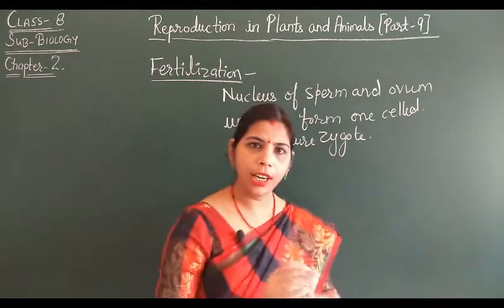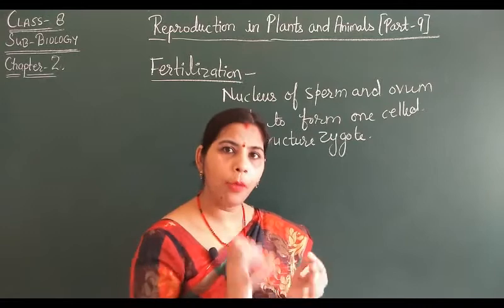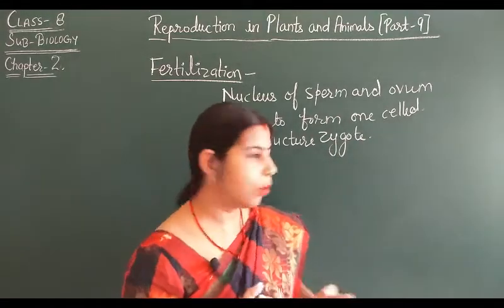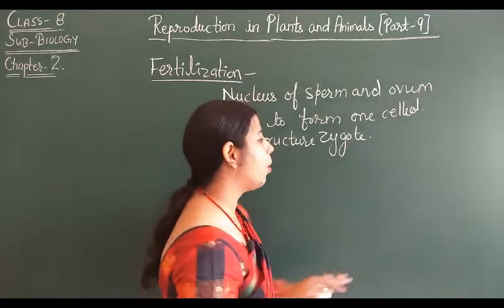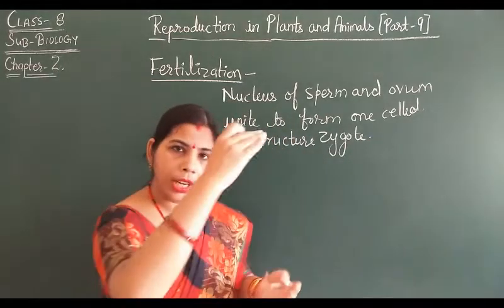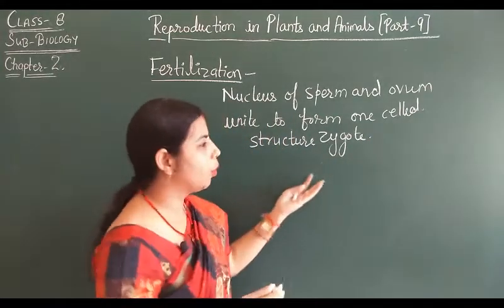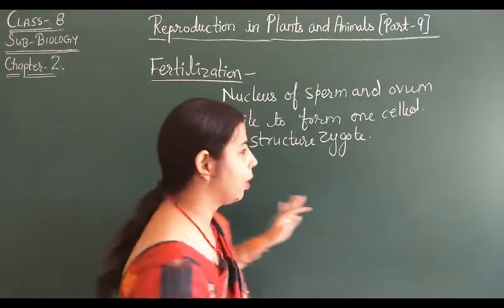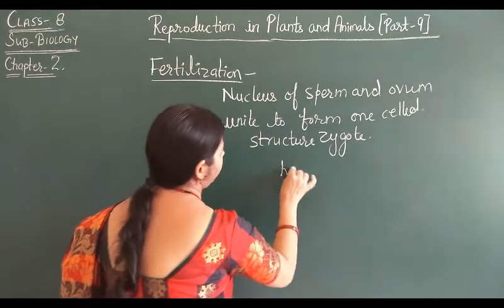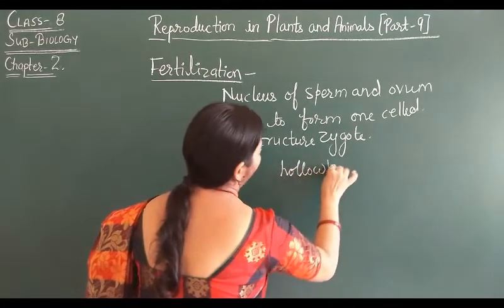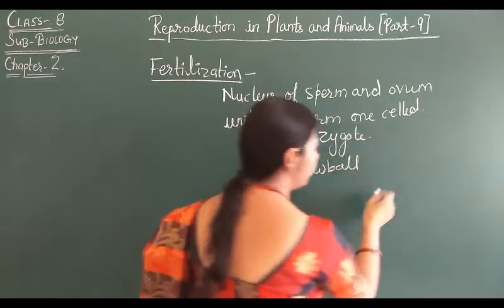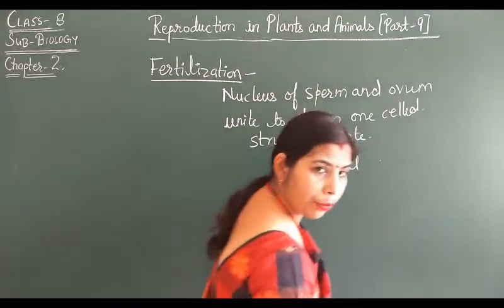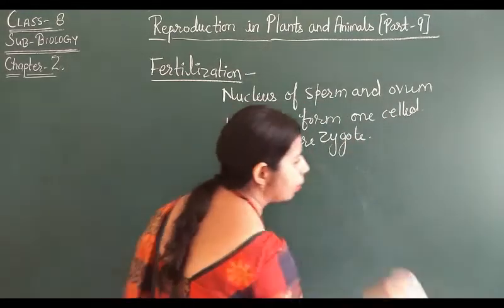Now the zygote divides and forms a hollow ball structure. This hollow ball structure goes downward through the oviduct and is fixed into the uterine wall.